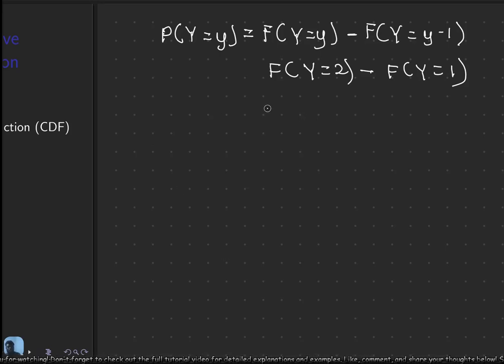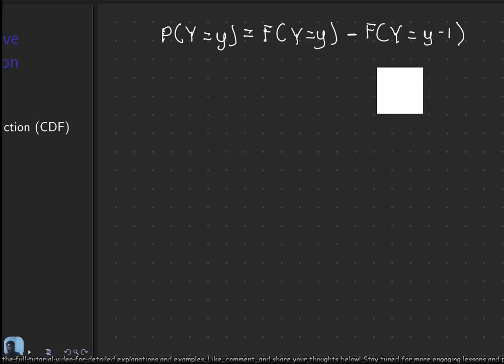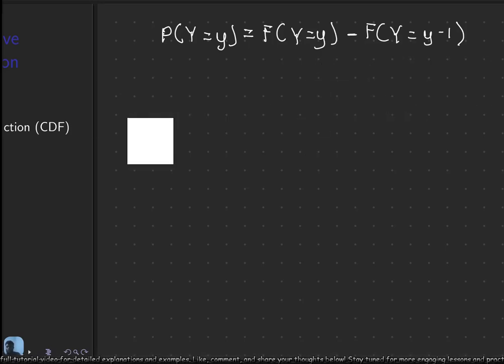If you want P of y equals 3, then look for F of y equals 3 and subtract that of 2 from it. So that is what we are going to do in this video. Let me quickly clean this so that we can solve our question step by step.